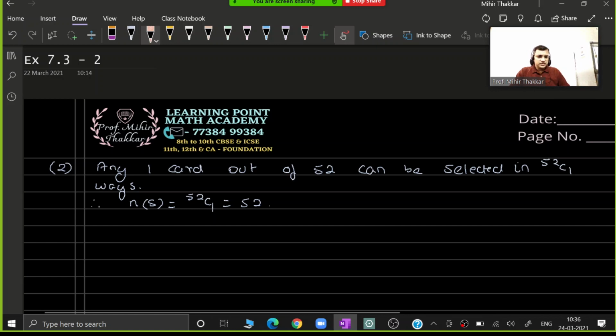I think in the previous class I told you that nC1 is always equal to n for any value of n. In this case, n is 52 and therefore I get the answer as 52 itself.